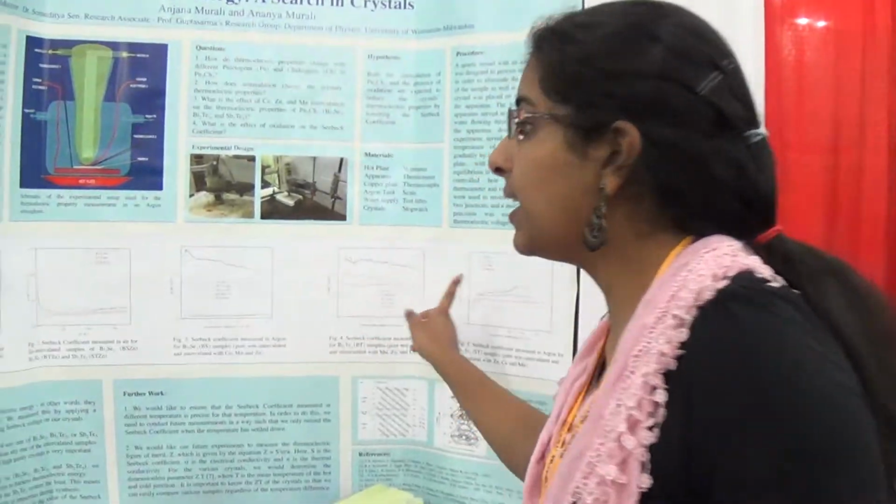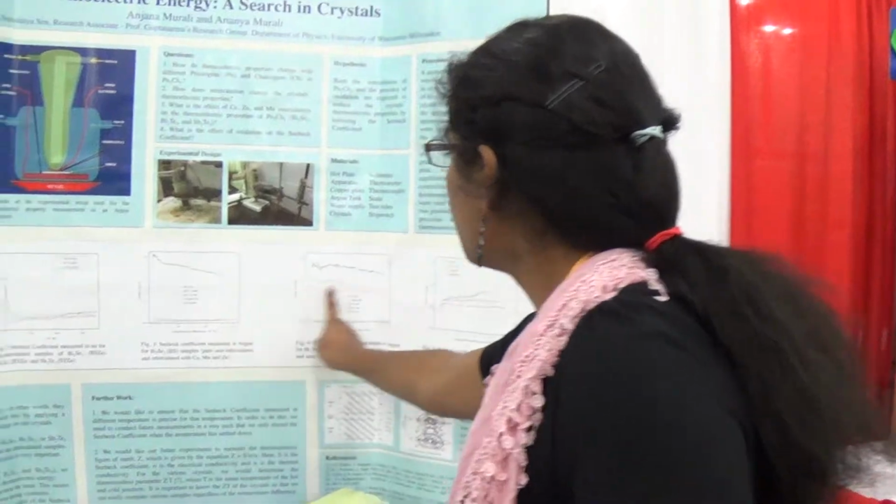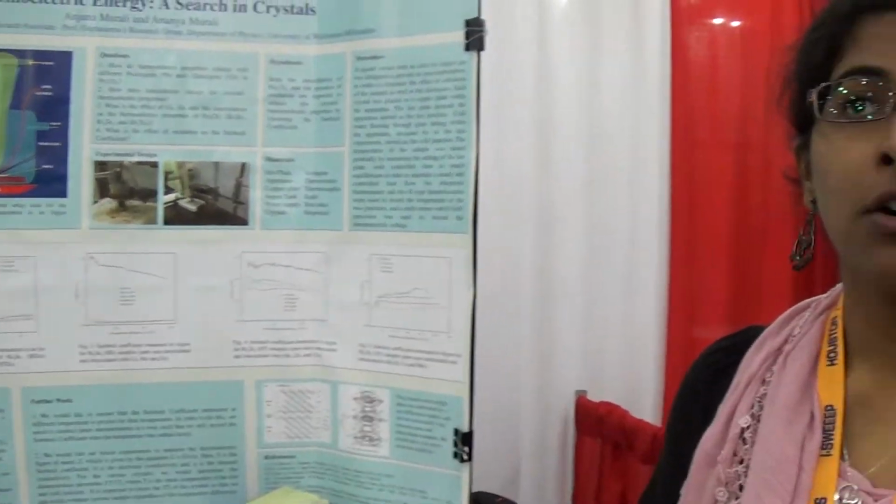As Anya mentioned before, we investigated 3 main systems, and we wanted to see which system would be best for producing a thermoelectric sample. From what Anjana said, our second question was the effect of impurities.